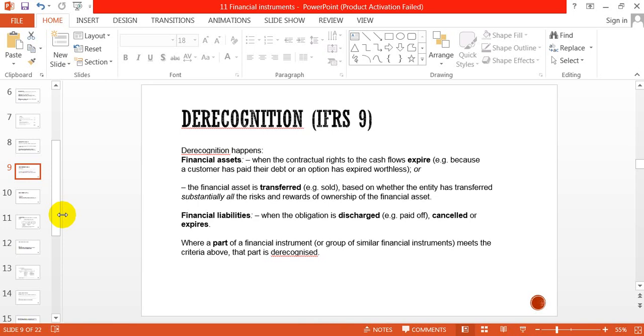Now, let's assume I owe you some money. You'll be showing a record that I'm owing you some money. So to you, it will be an asset because you're supposed to receive. To me, it's a liability because I'm supposed to give you.